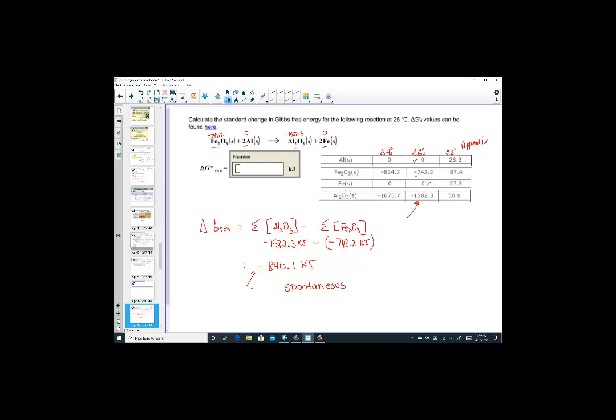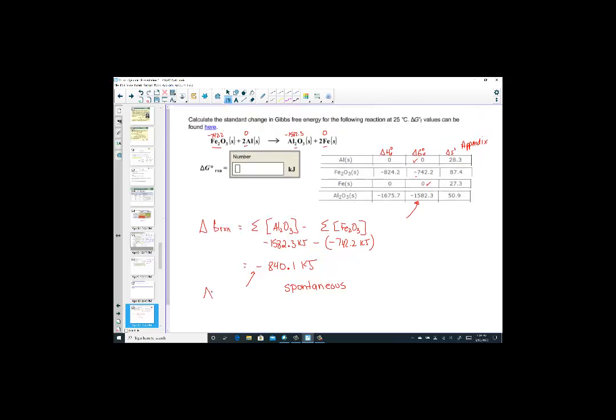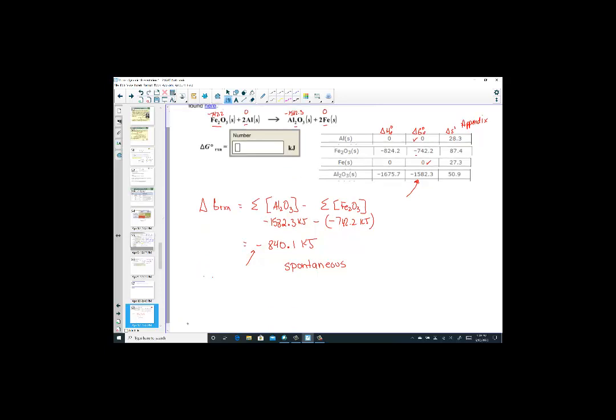There is a second solution pathway, just to emphasize. You can also find delta G. It's a longer way, but it also works. Delta G can be found by taking delta H minus T delta S. We can solve for delta H by taking the sum of products minus reactants. We can solve for the delta S by taking the sum of the products minus reactants.